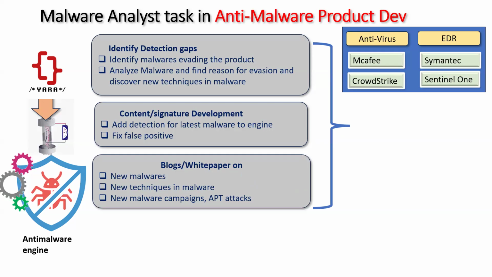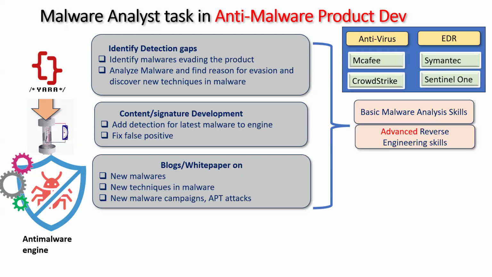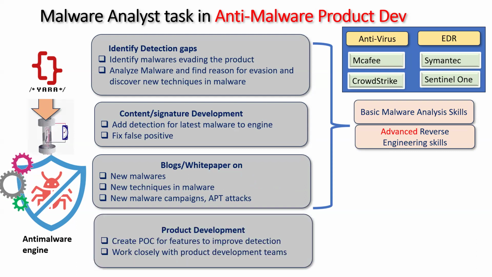So basically, to execute this kind of activity, they are required to have basic malware analysis skills and advanced reverse engineering skills as well. When it comes to product development, sometimes malware analysts are required to create proof of concept of feature to improve detection and which they can provide it to the product development teams.